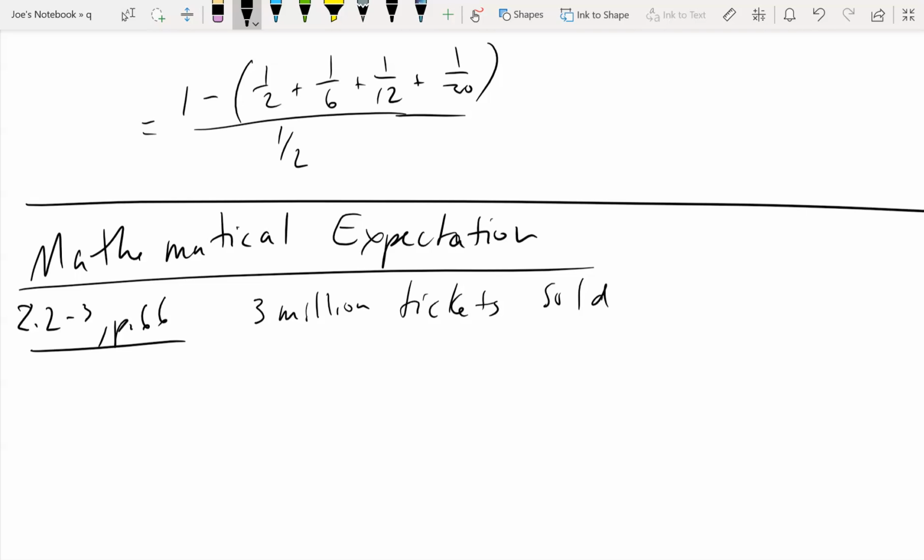It says that in a particular lottery, 3 million tickets are sold for 50 cents apiece. There are 12,000 $25 prizes.